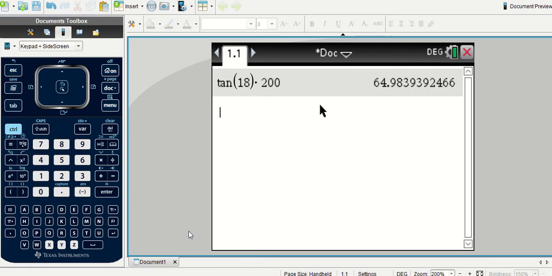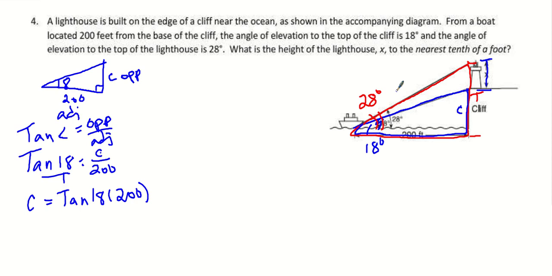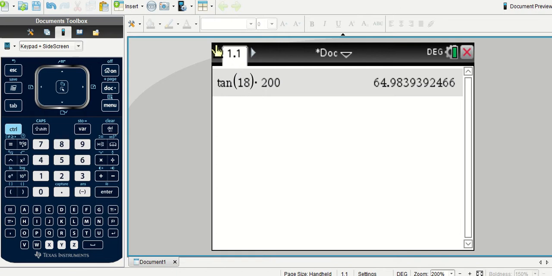So we want to run this to the tenth of a foot, so this is 64.98. For this aspect, we're going to keep this number as is. We should be okay rounding it, but we're going to keep it as is. We'll see if there's a difference at the end. So C equals 64.98 and so on.